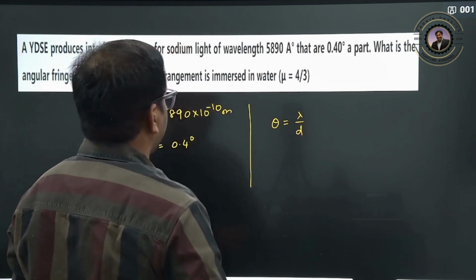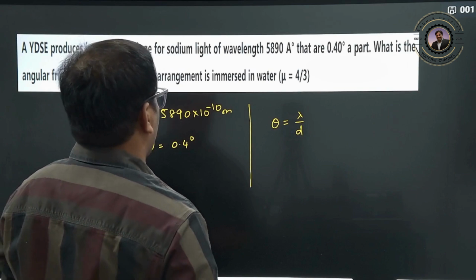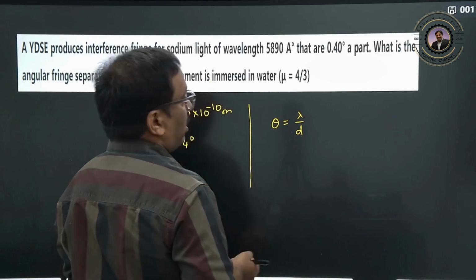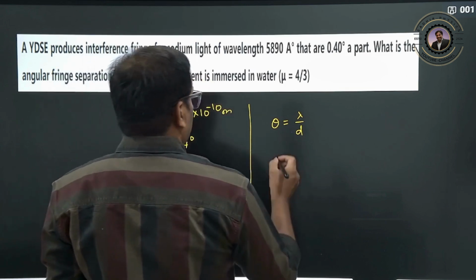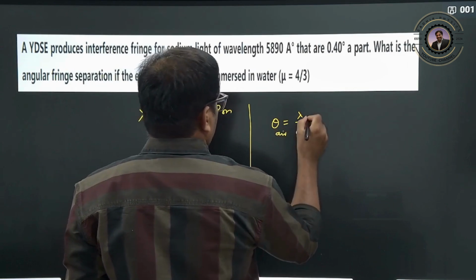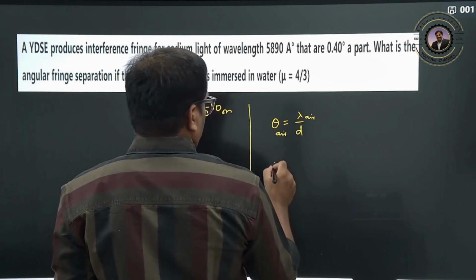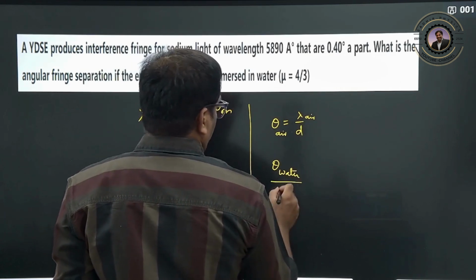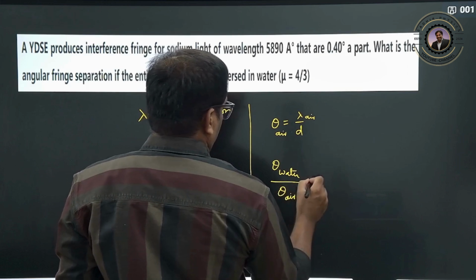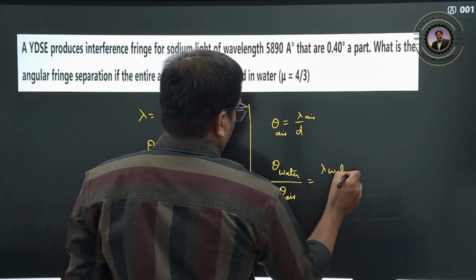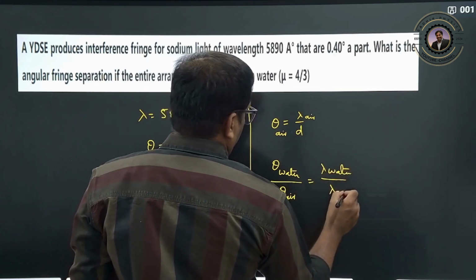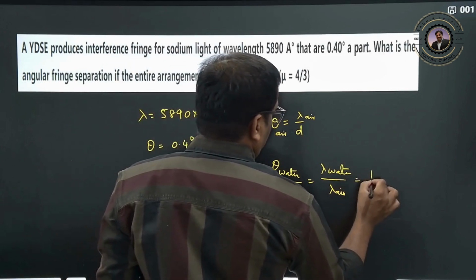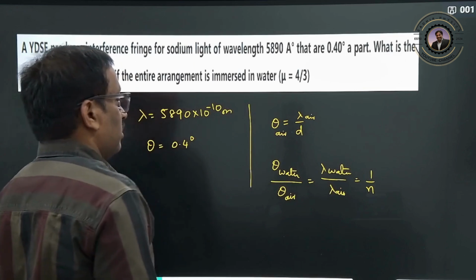Clear? So lambda by d, or beta by D also you can write, no problem. This is for air. So theta for water divided by theta in air is the wavelength in water by the wavelength in air, which is nothing but 1 by refractive index.